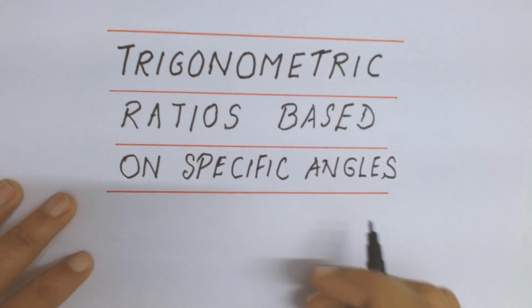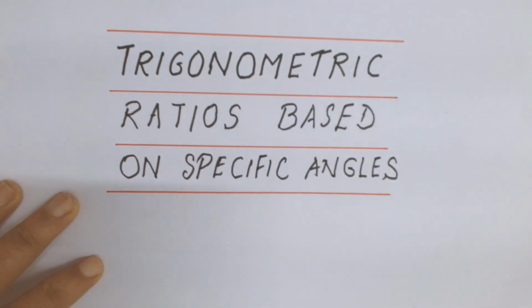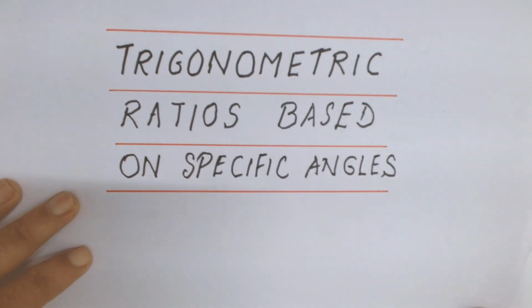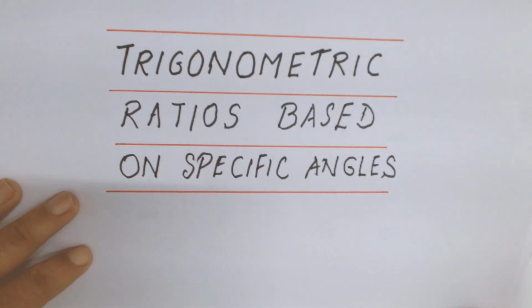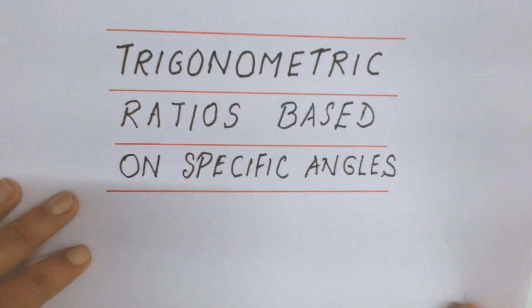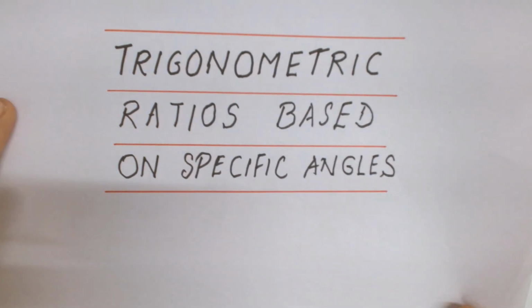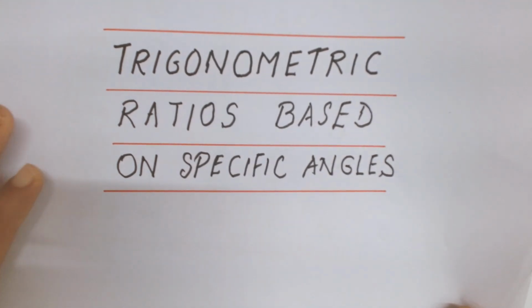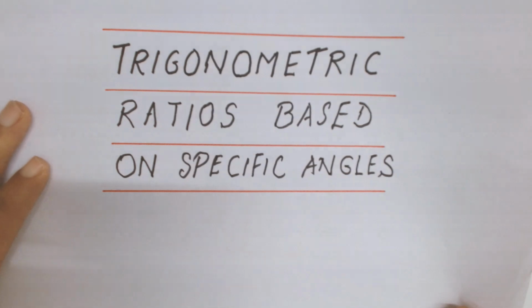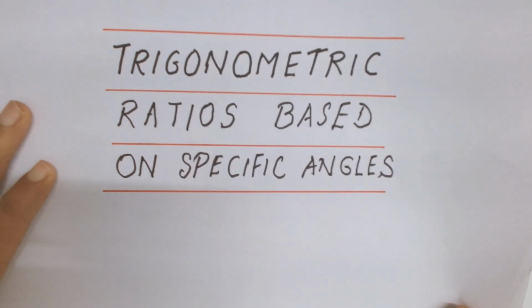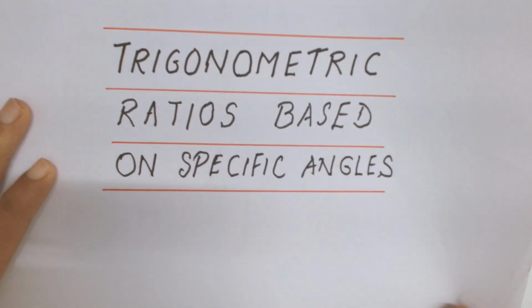The specific angles that we're going to consider are 0 degrees, 30 degrees, 45 degrees, 60 degrees and 90 degrees. That's 5 angles.